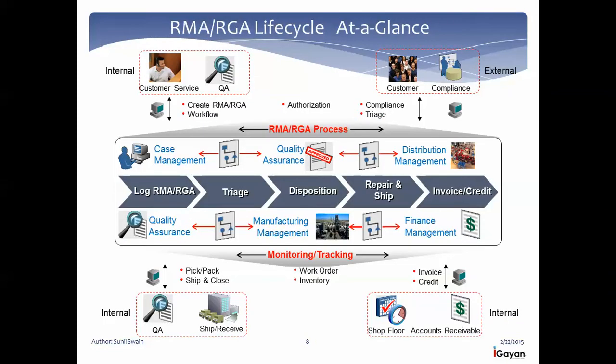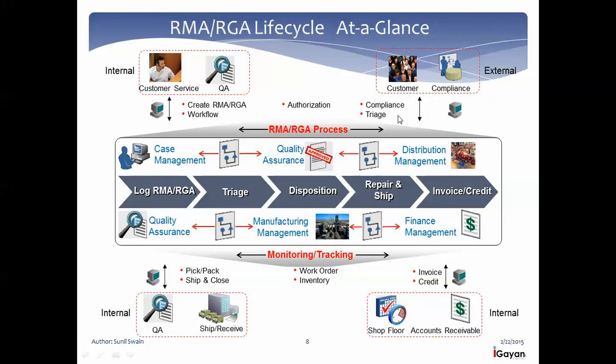Okay. Then if you look at the overall high level, I have presented the total life cycle here. If you look on the left side at the top, basically we see how customer service creates the RMA using case management, and how it runs through the authorization process.